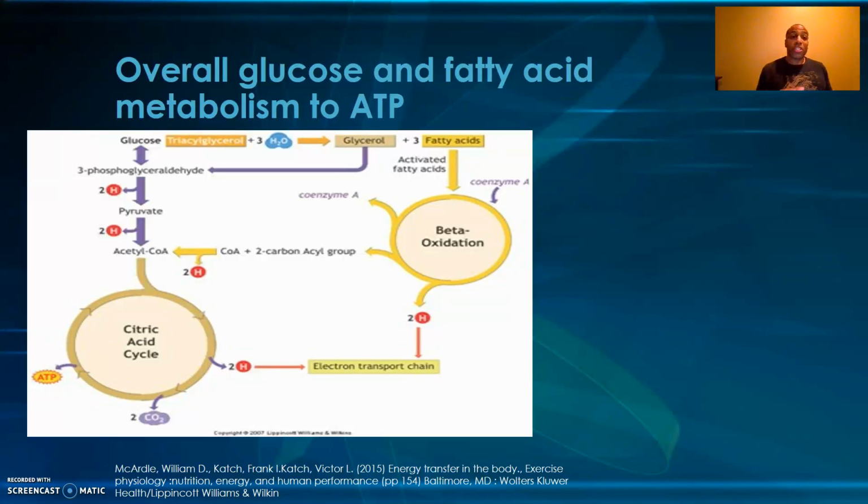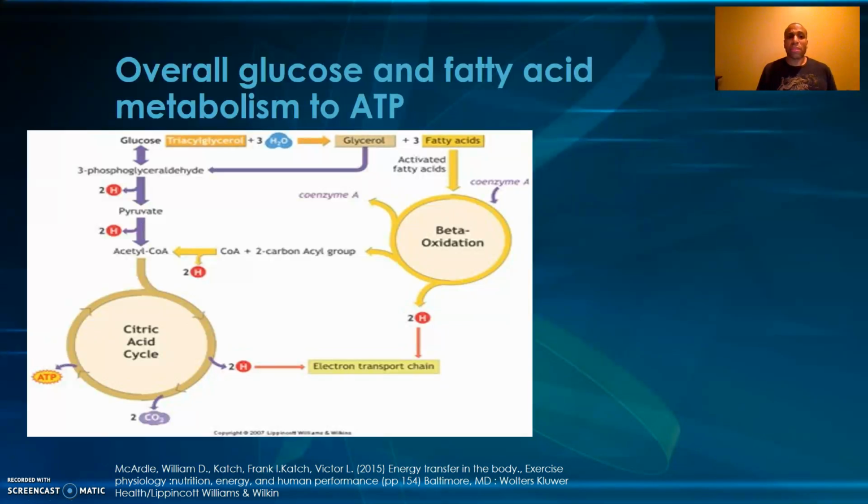They share some common processes, and they also have some processes that are individual to them. The individual process for fatty acid is this beta oxidation cycle, and the proprietary mode of breakdown for glucose is glycolysis, which we will get into a little bit later.